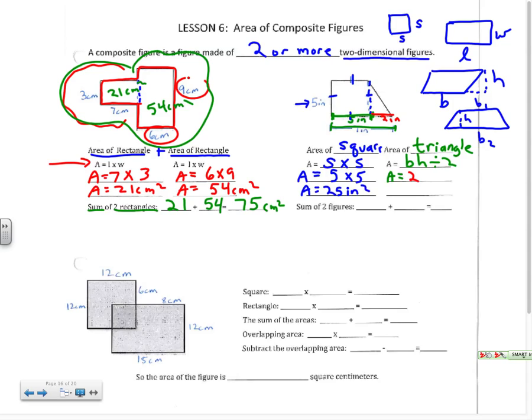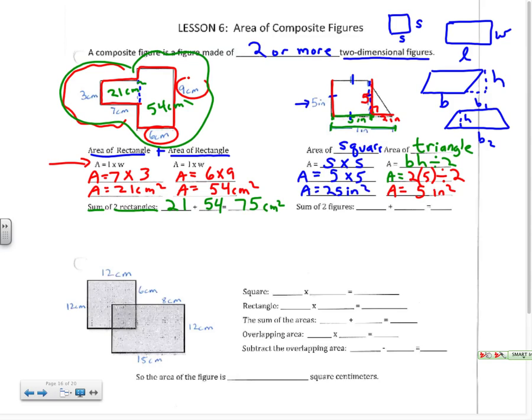I have to find my height, which is the imaginary line, because it goes perpendicular. If this is a square and this side's 5, then this side must also be 5. So the height of the triangle is 5. Now I can apply my formula. The area equals 2 times 5, which is 10, and 10 divided by 2 is 5 inches squared.